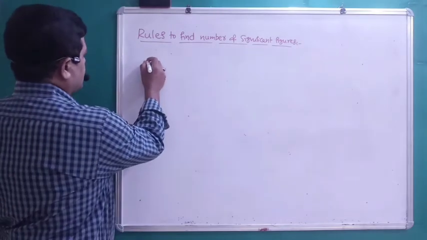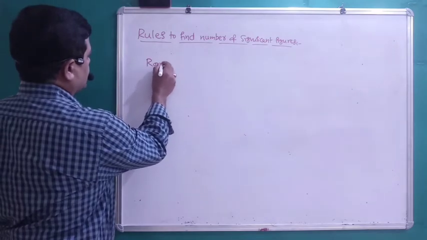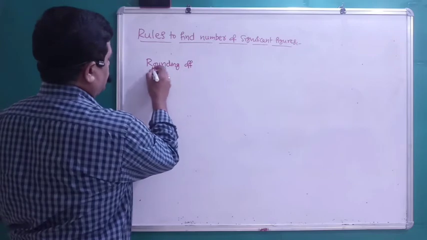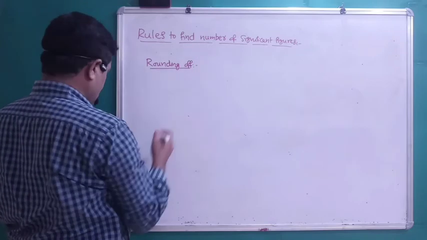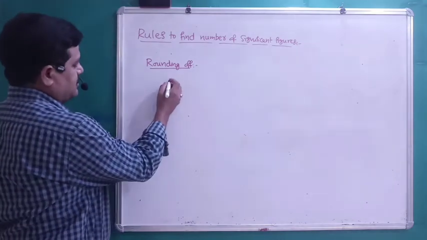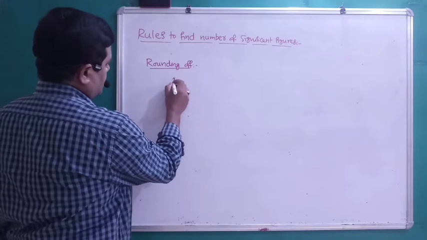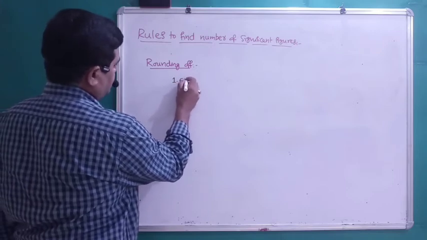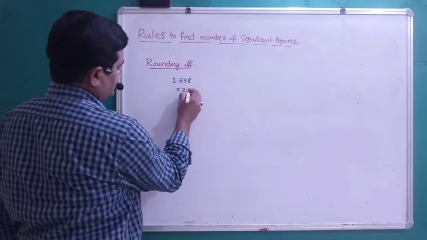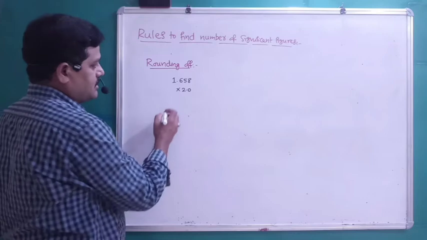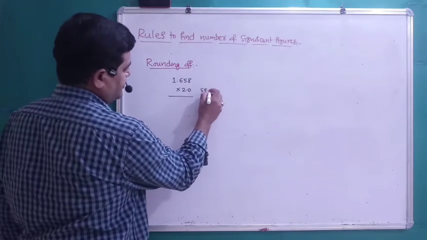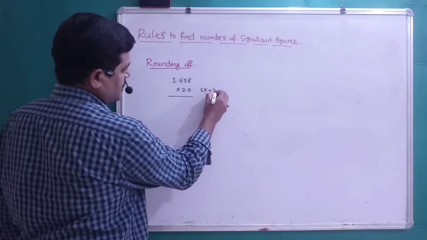Next topic is rounding off. For example, if there is one multiplication in the calculation, 1.658 multiplied by 2.0. Okay, in this multiplication, the number of significant figures in 2.0 is 2, right?